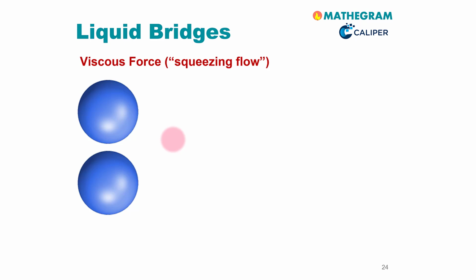Let us now have a brief look at the so-called viscous forces. I told you before already that this is due to the squeezing flow of the liquid between the two particles. So if you imagine we have here liquid trapped between two particles and the particles are now moving, the liquid has to flow out of the bridge in case the particles are approaching each other, or vice versa, the liquid is sucked into the bridge if the particles are moving away from each other.